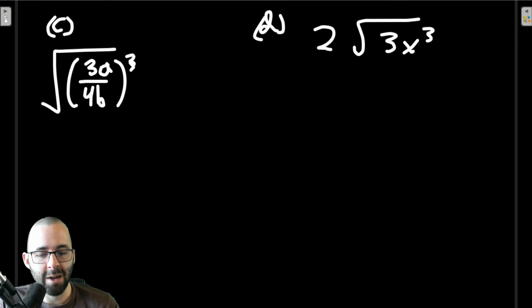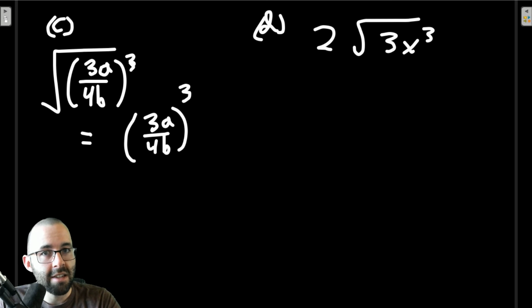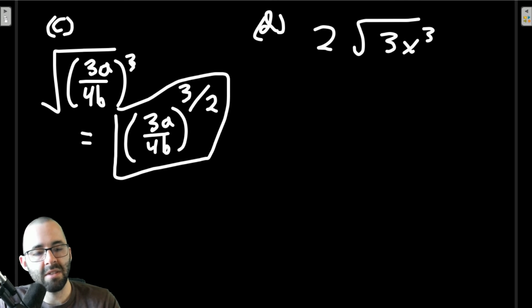Part D is the real headache, but C is not so bad. We just look at everything inside the parentheses, everything inside the radical here, and write it again, 3a over 4b. Now, all of this has an exponent of 3, and all of it is inside a radical. Specifically, it's inside a square root. Square root is a denominator of 2 for our exponent. So C is actually relatively straightforward.